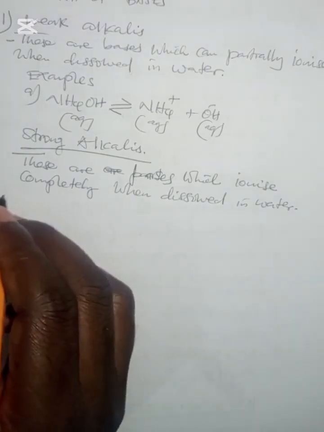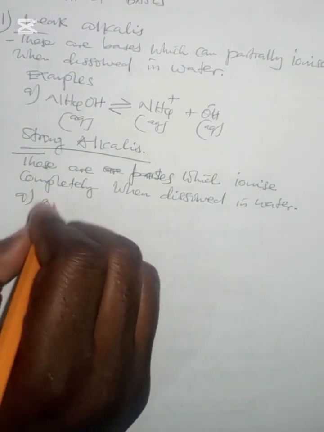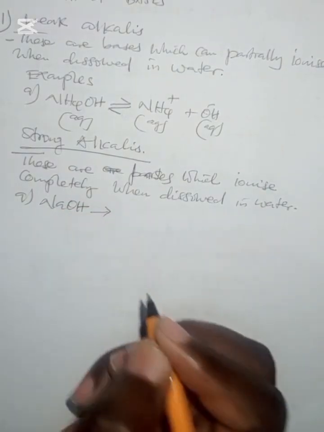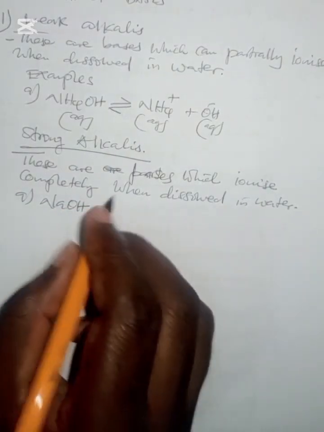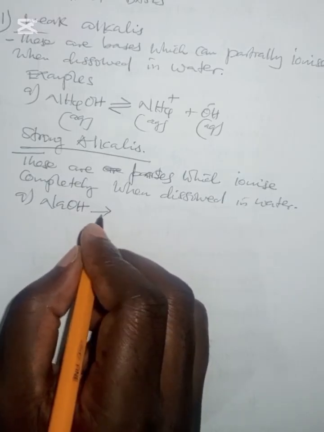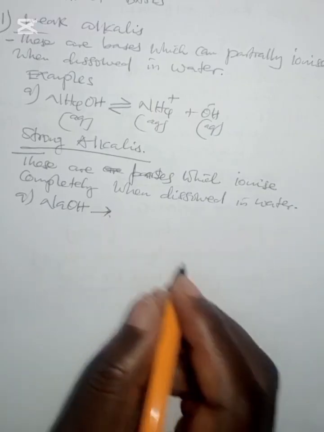Okay, so examples, we have sodium hydroxide. Sodium hydroxide is a strong base which can ionize completely. And please pay attention to the arrow here. If you're dealing with a strong base that can ionize in water, we use a single arrow pointing in one direction.